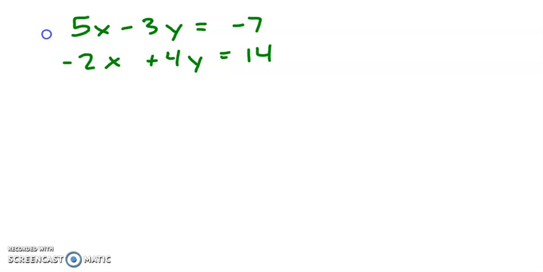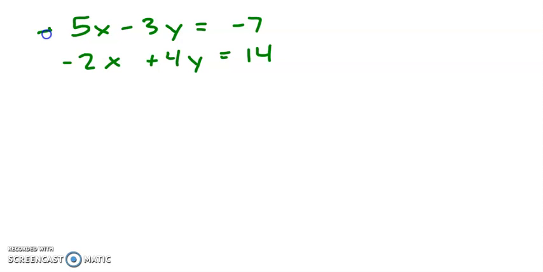And we can't do something simple with our y terms either. So provided that these are smaller numbers, I typically will just multiply one equation by the other coefficient. So what I mean by that is if I want to eliminate my x's, well, 5 times 2 is 10.